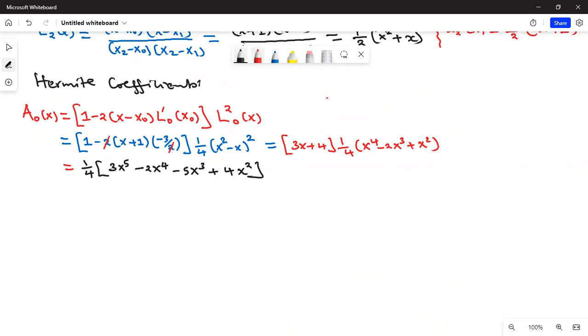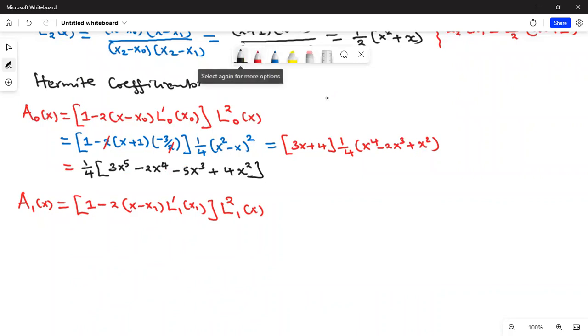So similarly, our A1 of x from the definition is given by 1 minus 2 (x minus x1) L1 prime of x1 times L1 squared of x. So let me replace the x values and even the Lagrange coefficients.